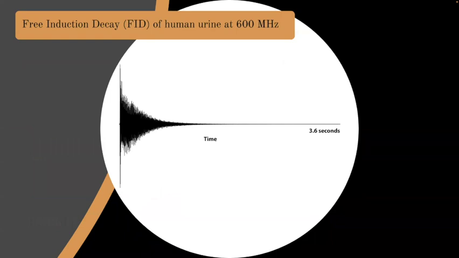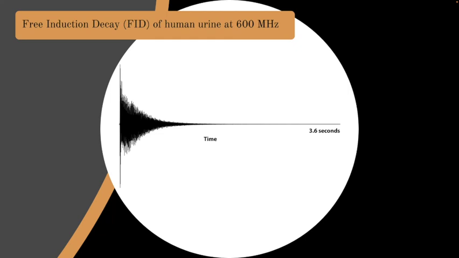This is a free induction decay, the same kind of data. In this case, it's from human urine, so a much more complex sample than the residual water in D2O, I should say. So it's the same kind of thing, but more complicated because there are more signals.